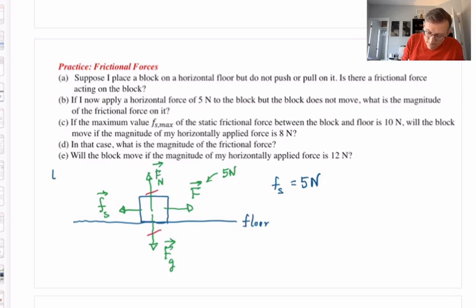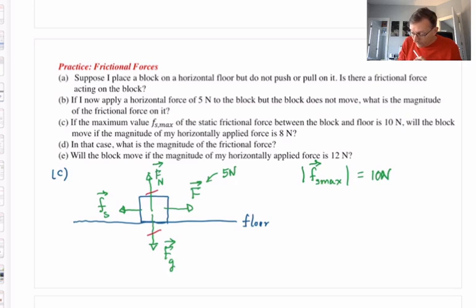Okay. Welcome back. Now, they're telling me in this problem that the magnitude of Fs max between this block and this floor is 10 newtons. That's the biggest F static I can possibly get if I need it. My applied force now has a magnitude of 8 newtons.